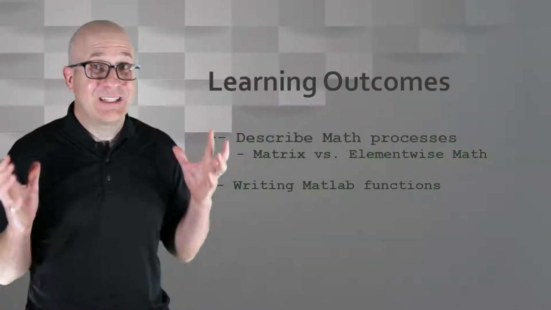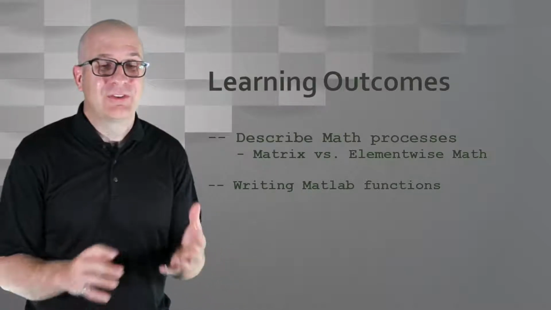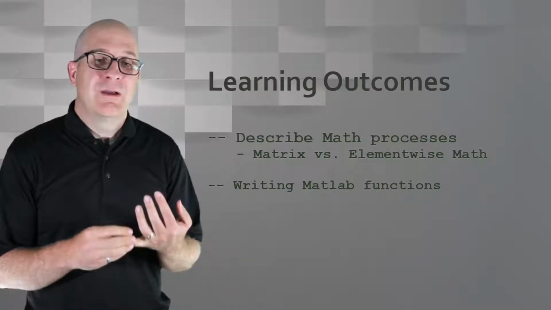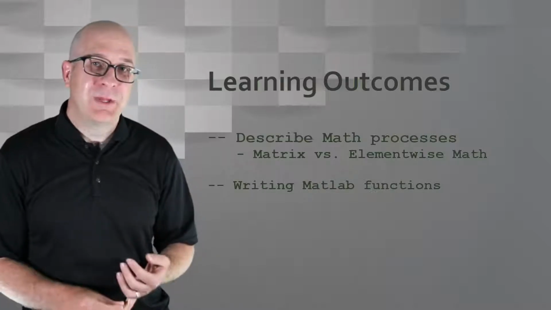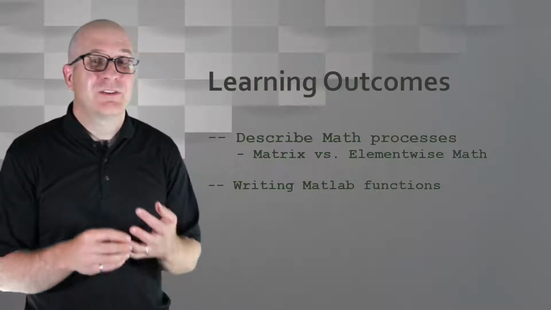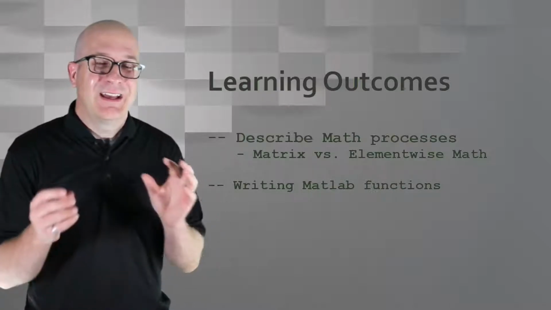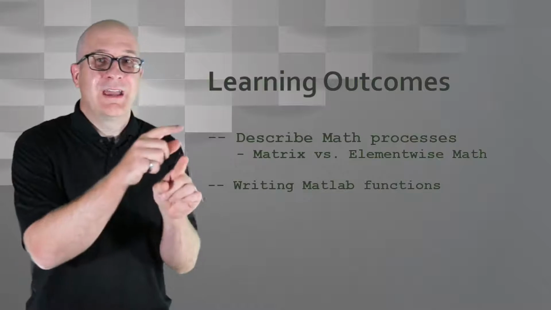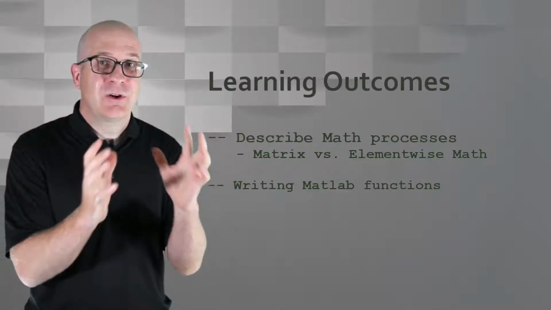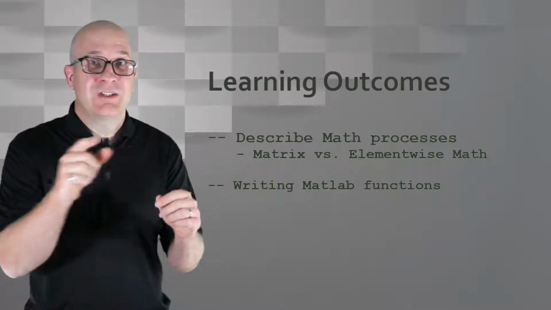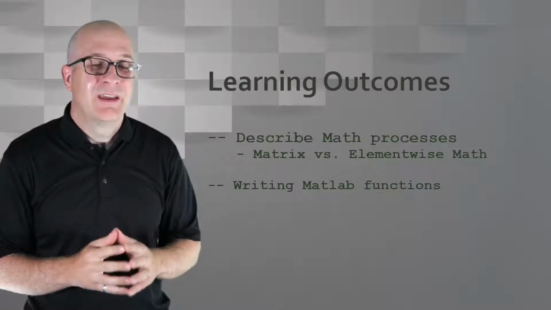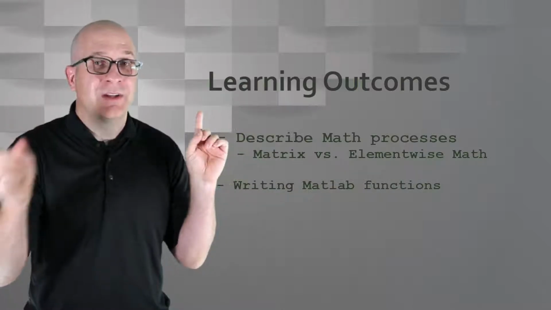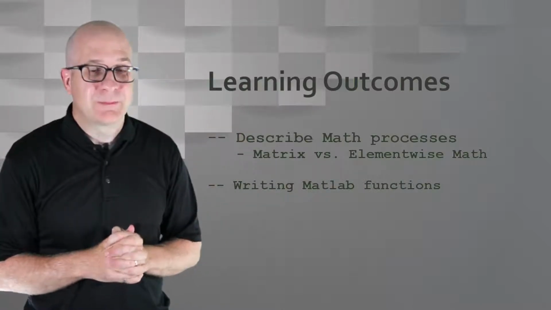Let's revisit our learning outcomes. Today we said we were going to describe math processes, matrix multiply or matrix processes versus element-wise processes. Hopefully you now have a good understanding that matrix processes involve linear algebra routines where you take dot products to do multiplies, whereas element-wise math takes each element and operates on another element of another matrix.